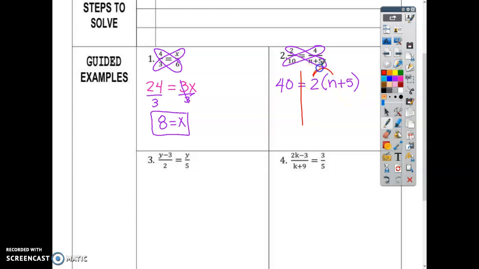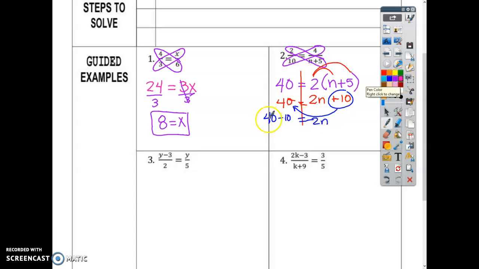If I distribute, if I'm doing it by hand, that's 2n plus 10, because 2 times n is 2n, 2 times 5 is 10, equals 40. Okay, move this over, because this is a constant, so it's going to be 40 minus 10, because I have to change the sign, equals 2n.